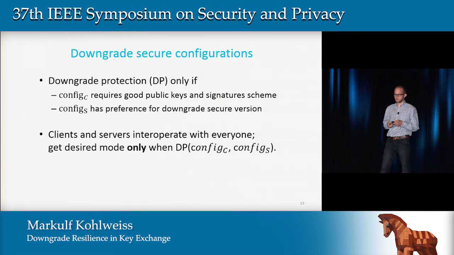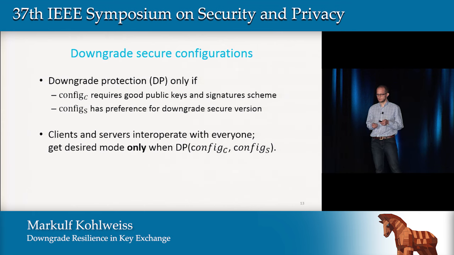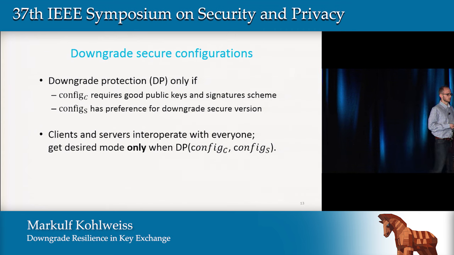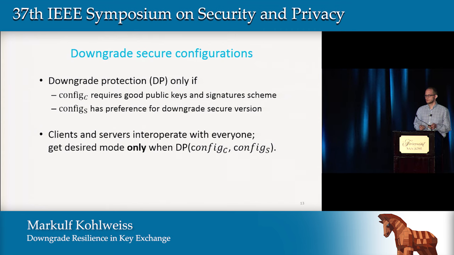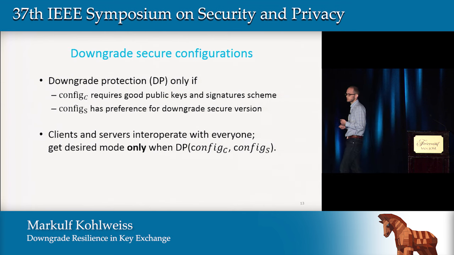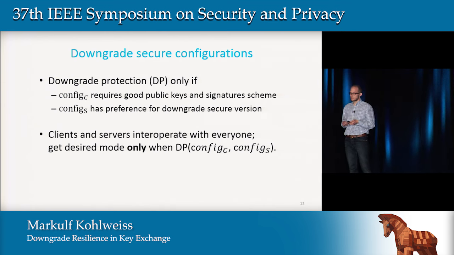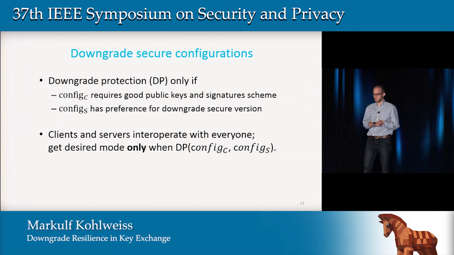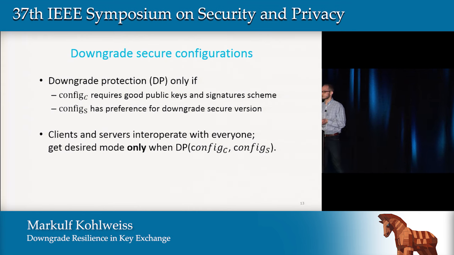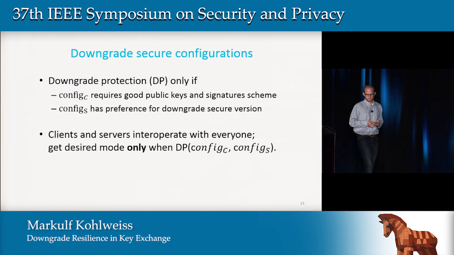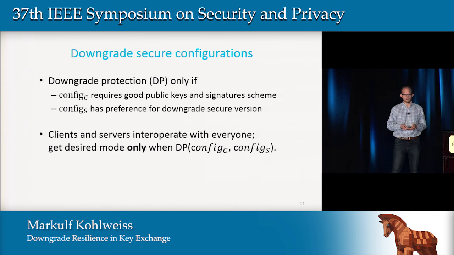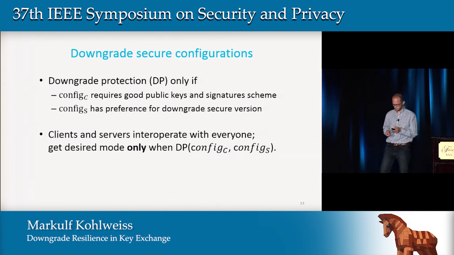We'll get back to this requirement when we analyze TLS 1.3. The goal of the negotiation is backward compatibility, so clients and servers can still interoperate with everyone. In particular, the client can interact with servers that support only old versions. And the server can interact even with clients that do not support a strong signature scheme. And moreover, both clients and servers can support weak groups.